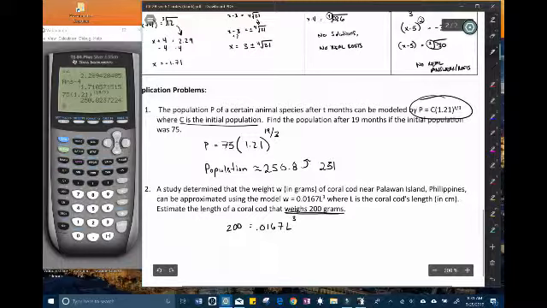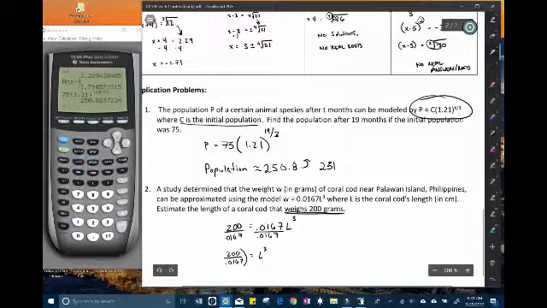So we're given the weight, and we want to find the length. So we'll divide each side first by 0.0167. If we just keep that in our calculators, 200 divided by 0.0167, we know that's L to the third.